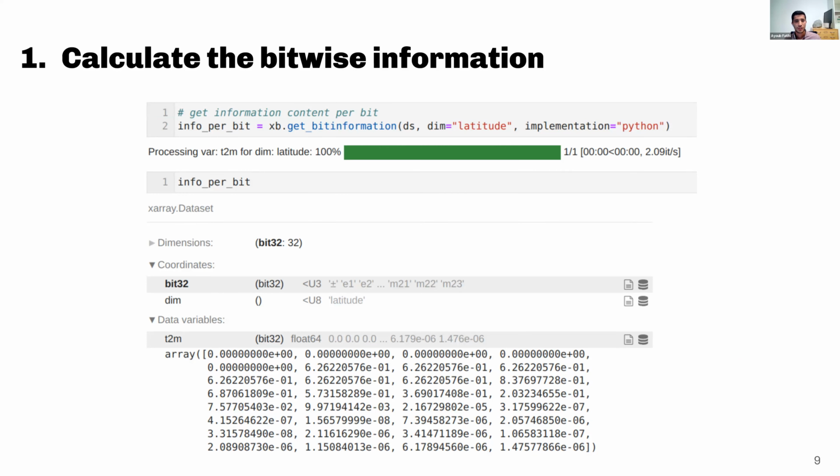For that, we use the get_bit_information function that calculates the information content for each bit: the sign bit, the exponent bits, and the mantissa bits. As we can see, the first bits contain no real information. Then the values start relatively high and start decreasing near the end.